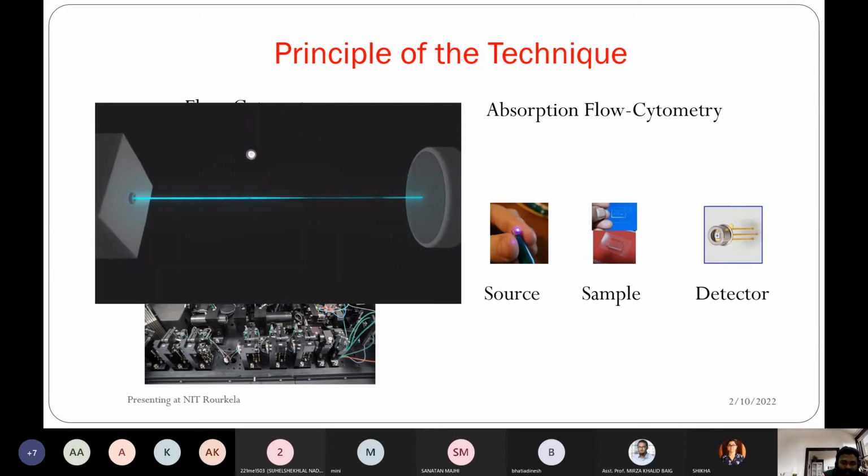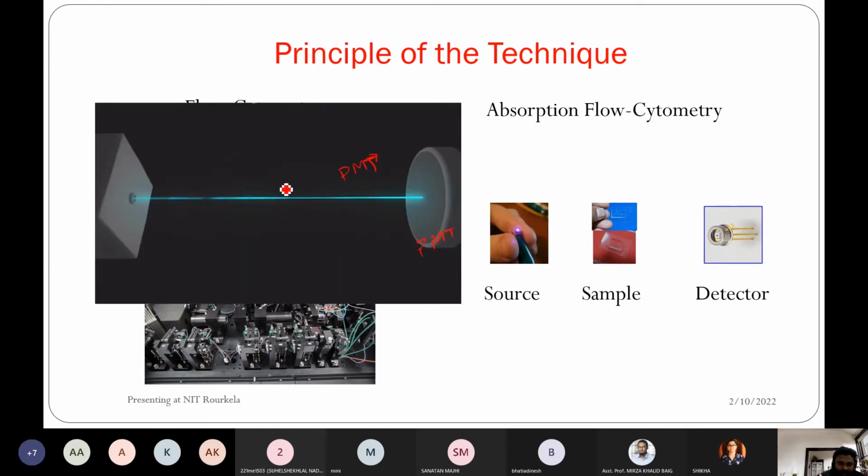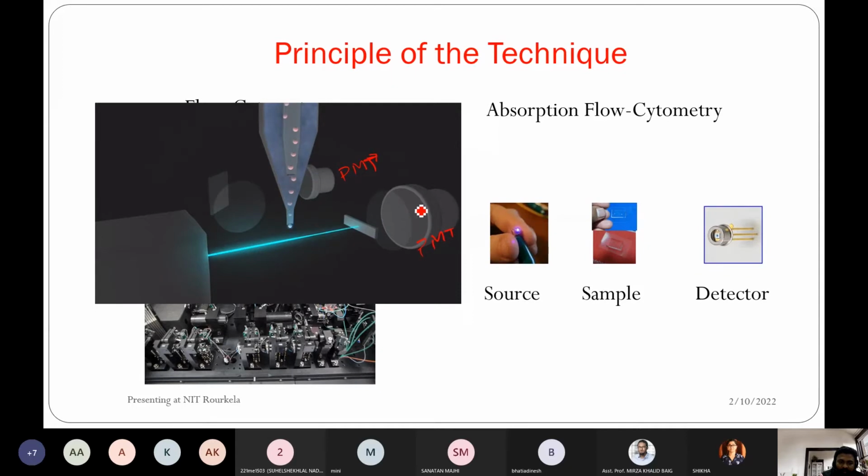In the surrounding, this is the detector, the PMT, photo multiplier tube. This is also another PMT, photo multiplier tube. So what you are seeing here is that light is scattered when the cell passes through the laser beam, and that scattered information is detected with PMTs.